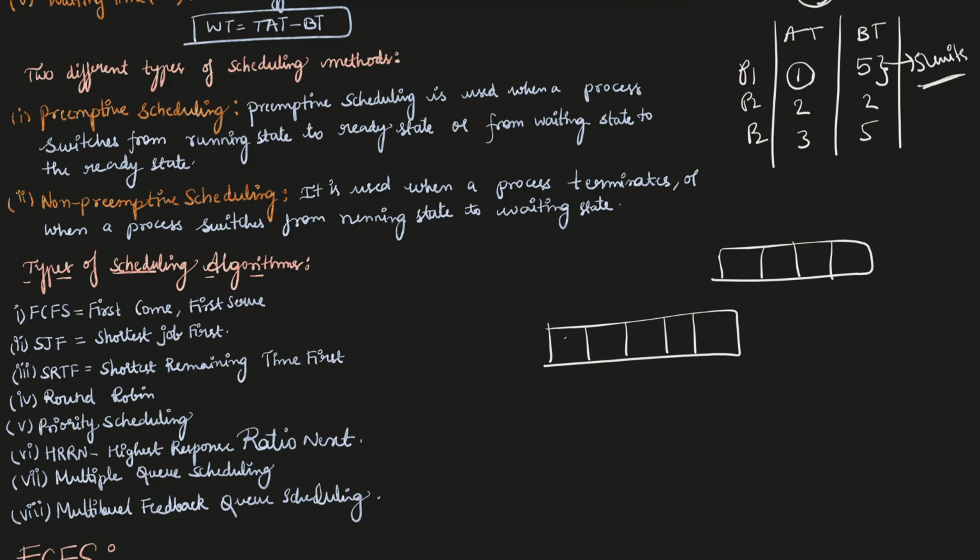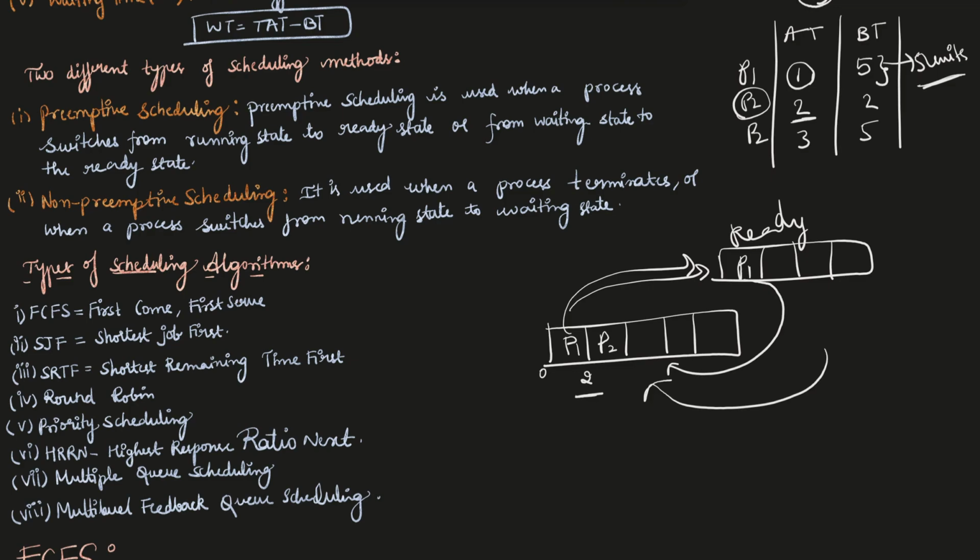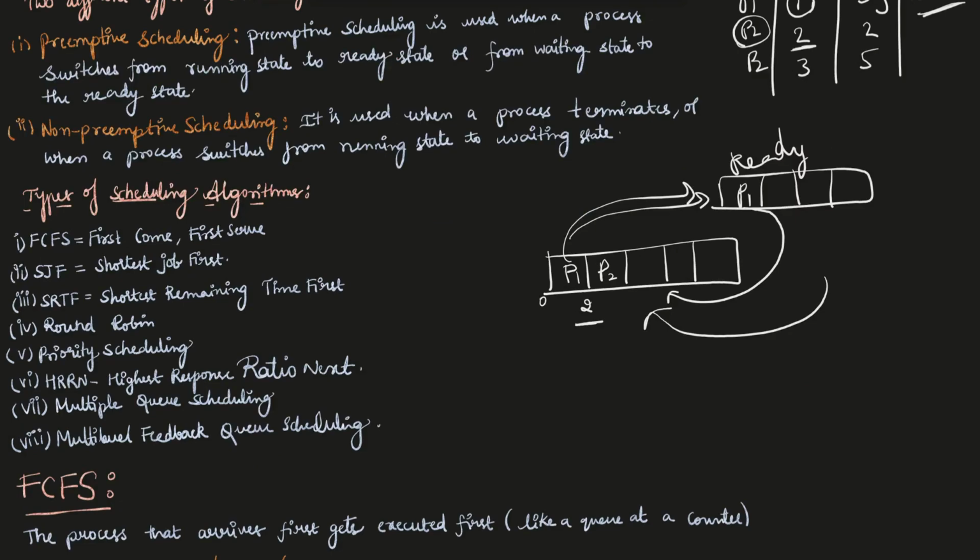Suppose you are running a process P1 from 0 to 2 units, and at 2 units some other process, P2, has arrived in the CPU scheduling. Now P2 would come here and P1 would go and be stored in the ready state. This storing is called preemption, and at the end when everything finishes it would again come and join the Gantt chart. So in preemptive scheduling you can switch the process without completion of the first process.